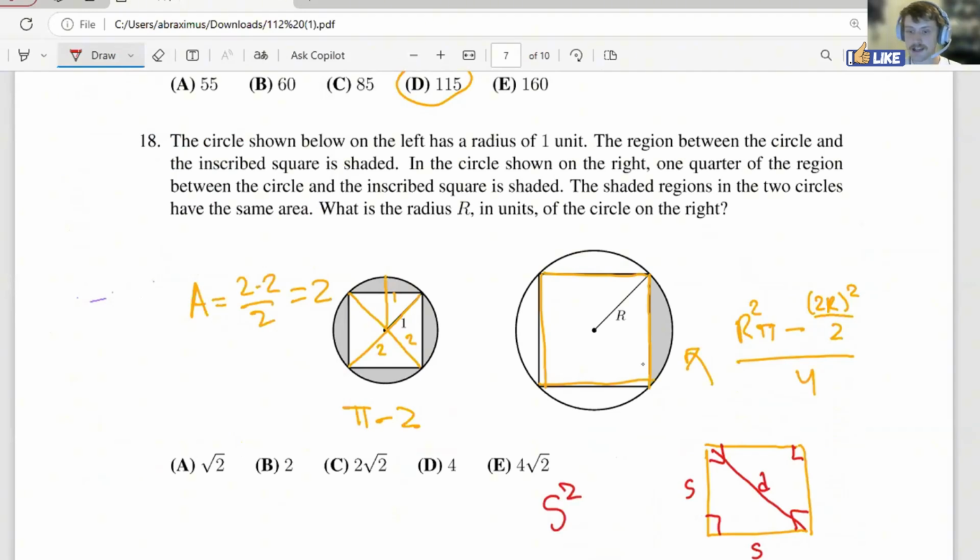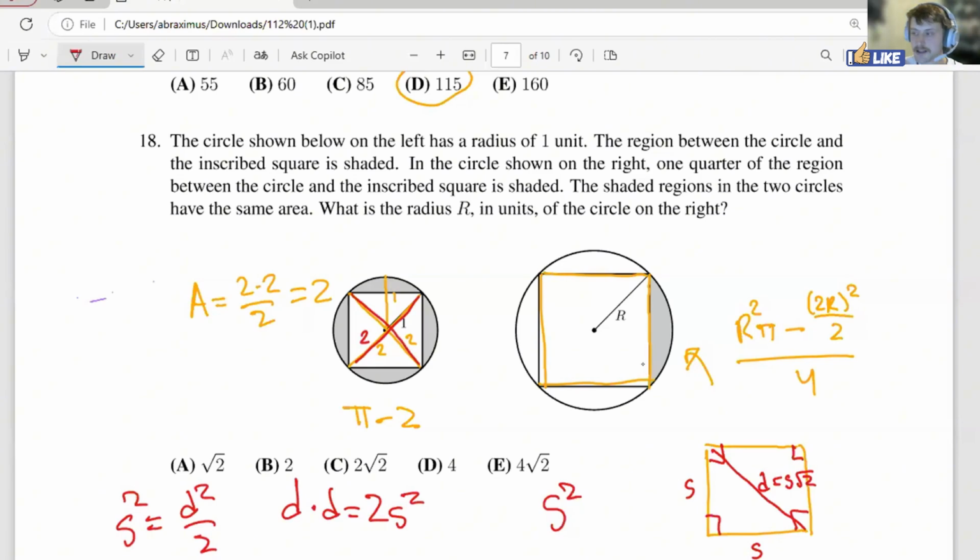But D is actually related to S. According to the Pythagorean theorem, D is S times the square root of 2. So if we did D times D, that's equal to 2S squared. So S squared is equal to D squared over 2. Since this diagonal is 2, then we get that the area is 2.